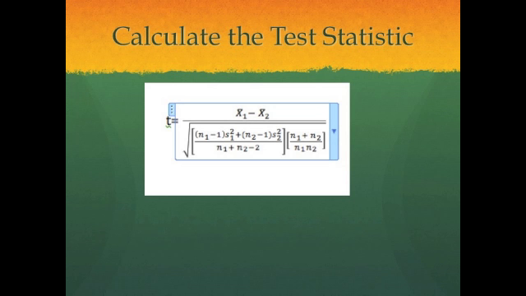We're also looking at the variance for group 1, that's the S1 squared, and then S2 squared, the variance for group 2. So you want to just take all of these numbers and plug them in in order to calculate the test statistic, which I will give you the opportunity to pause and to do that on your own.